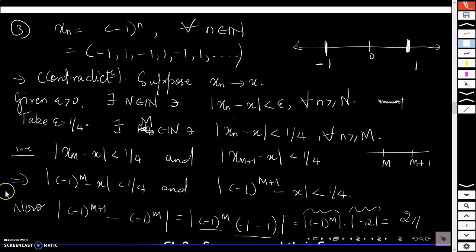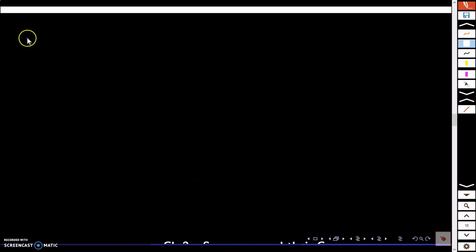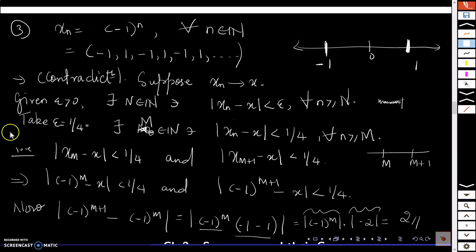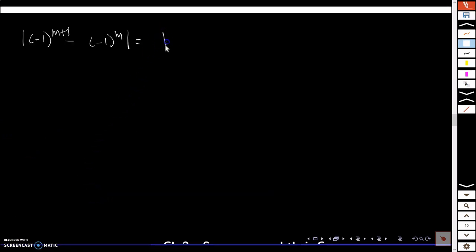Now I will estimate the same quantity using these two expressions above. Okay, I will just calculate that in a different way. So if you look at minus 1 raised to m plus 1 minus minus 1 raised to m, I have an estimate with them along with the point x here. So I will add and subtract x to this.